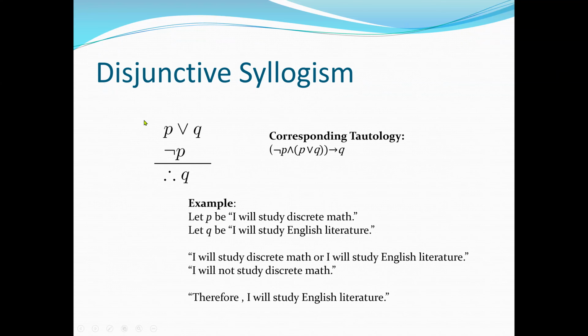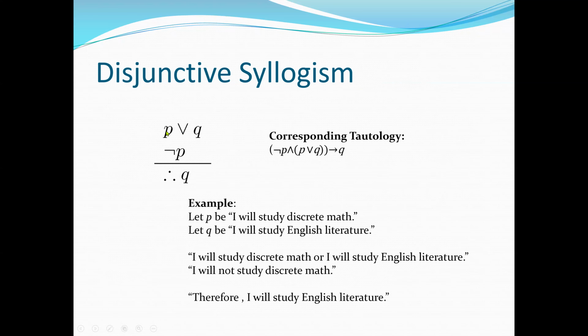So this is again the disjunctive syllogism. So we say P or Q. So if it's P or Q and it's not P, then therefore it must be Q. Remember, this is not an implication. This is either P or Q. So if it's not P, then it has to be Q, because or means at least one condition has to be true.